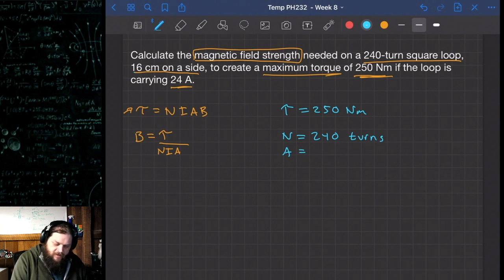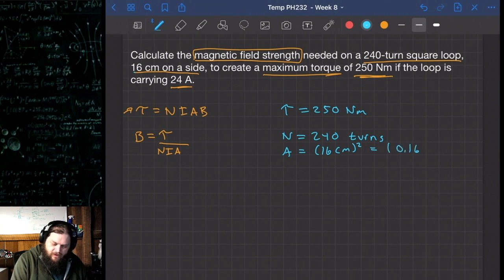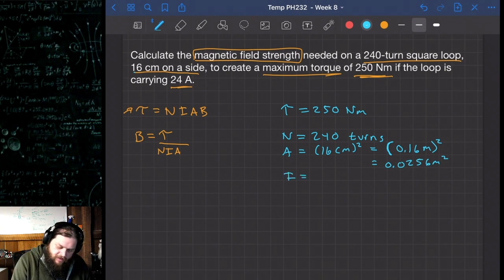So I can say that's (0.16 meters) squared, which was 0.0256 meters squared. So that's the area that we have. And the current I is equal to 24 amps.